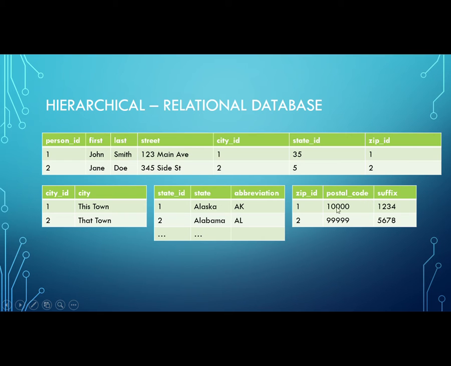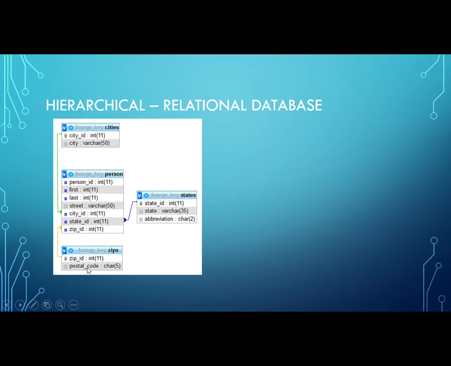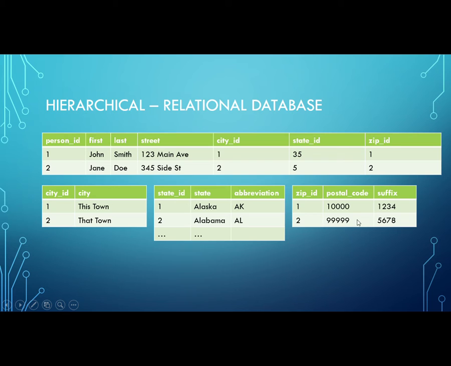But you can see in the sample, I added this suffix column here. So the auto incrementing field is the same, and the postal code, we're building that. However, in this example here, you see I only included the postal code, but what I'm trying to show you is that you can add more data.